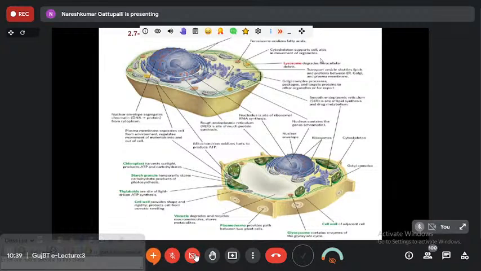Again, how these things have come, it has come by the prokaryotes forming the first eukaryotic cell. People believe it is again some sort of a combination of archaea and bacteria generating a nucleus-containing eukaryote, and then it engulfed other bacteria to generate the mitochondria and chloroplast.